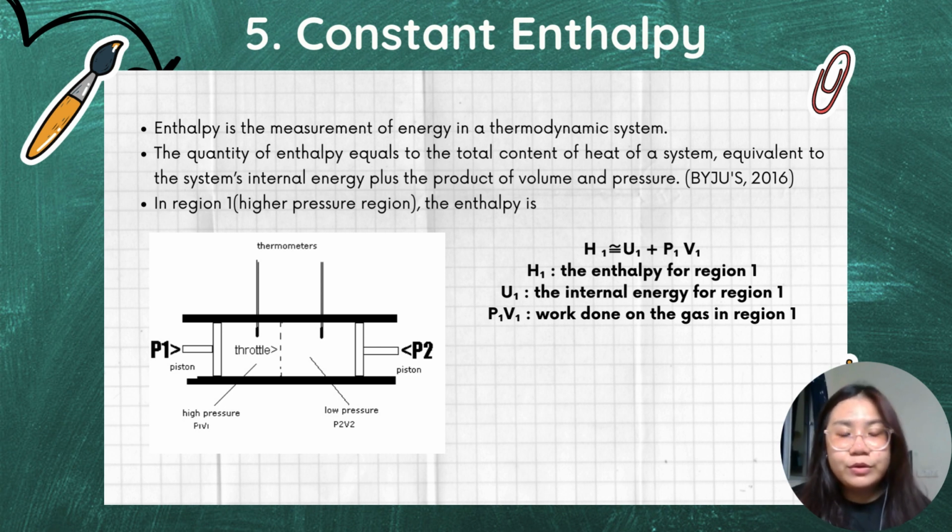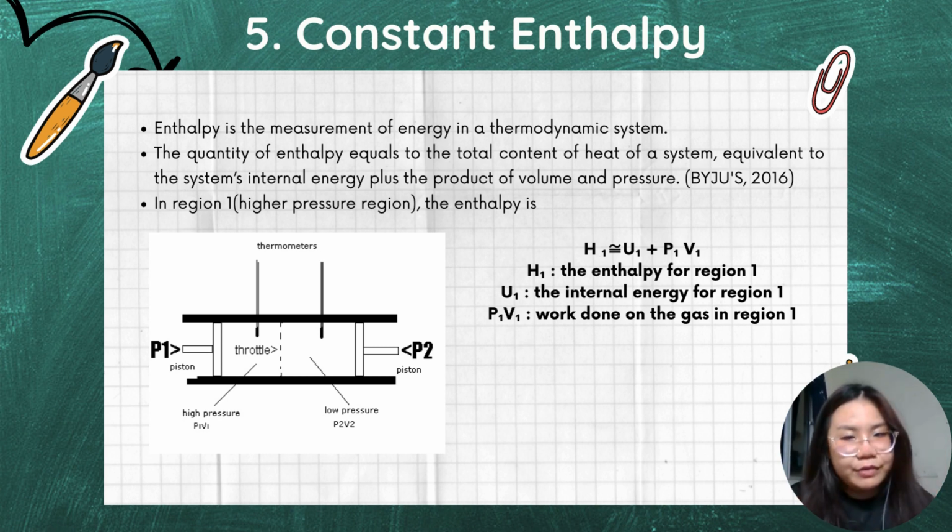The experiment also involves constant enthalpy. Enthalpy is the measurement of energy in a thermodynamic system. The quantity of enthalpy is equal to the total heat content of a system, which is equivalent to the system's internal energy plus the product of volume and pressure.